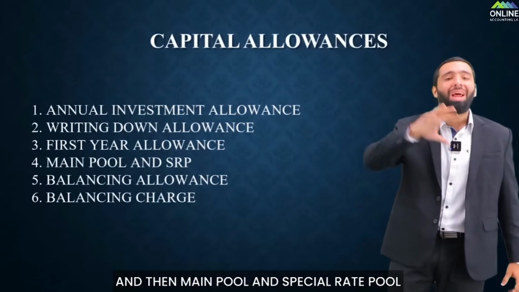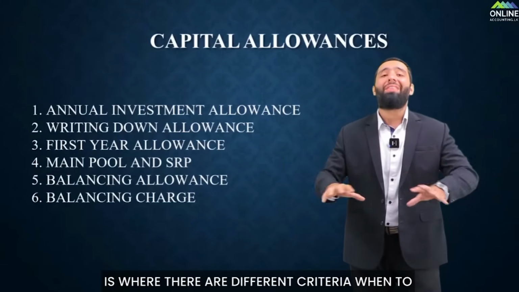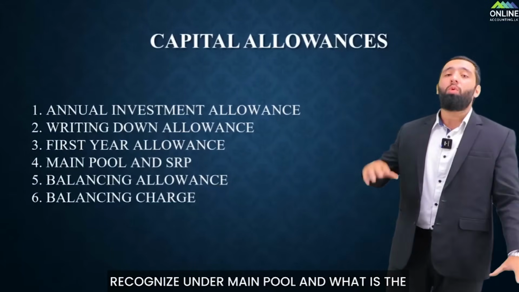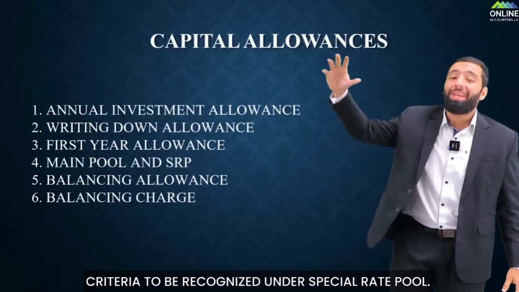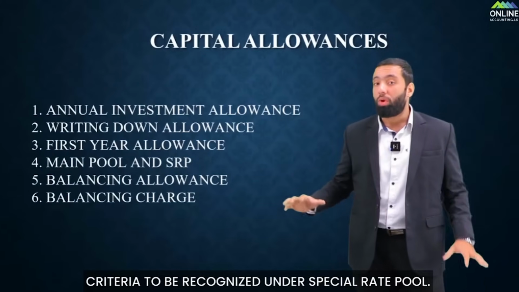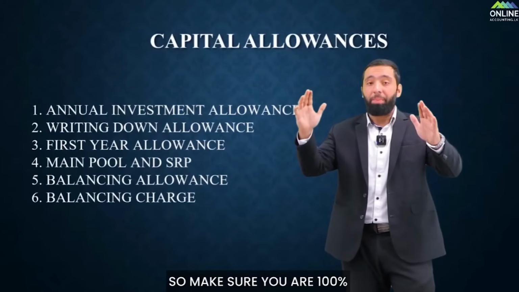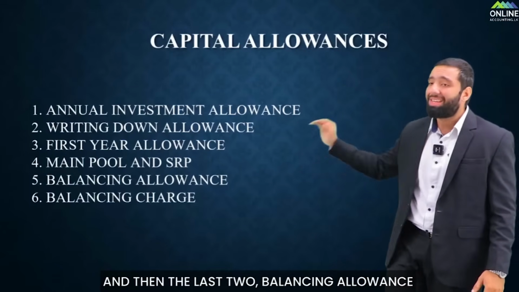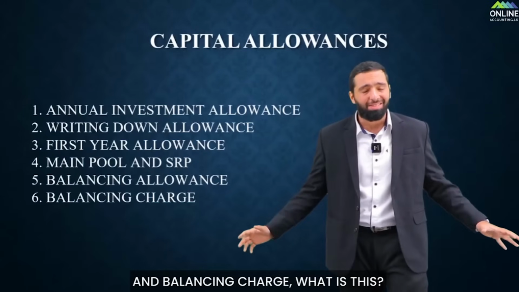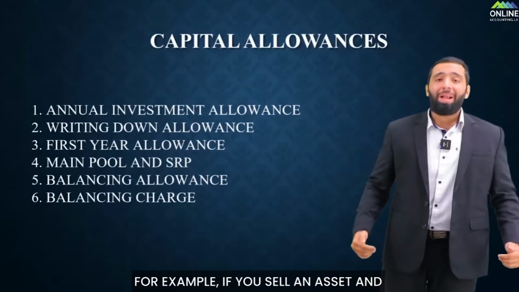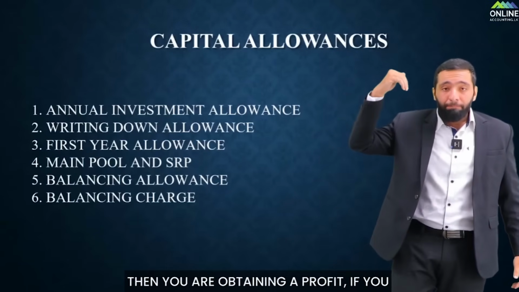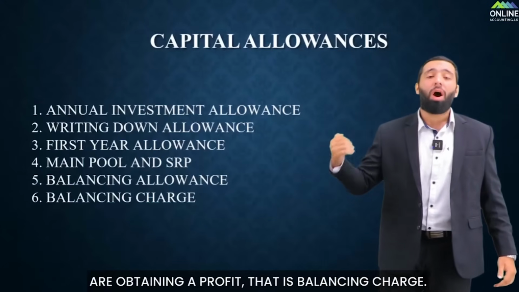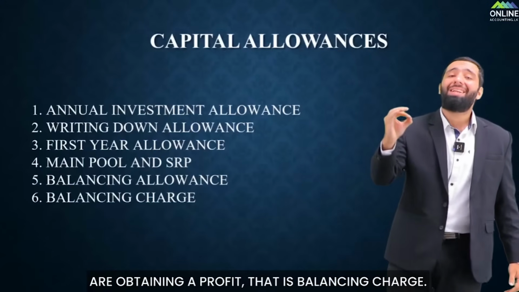And then main pool and special rate pool is where there are different criteria when to recognize under main pool and what is the criteria to be recognized under special rate pool. So make sure you are 100% thorough with all these concepts. And then the last two, balancing allowance and balancing charge. What is this? For example, if you sell an asset and you are obtaining a profit, that is balancing charge.